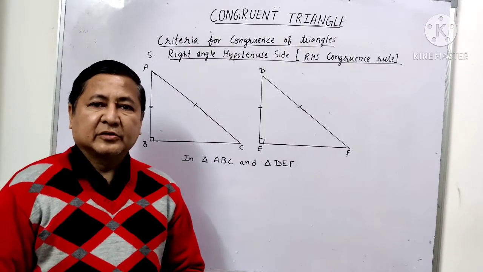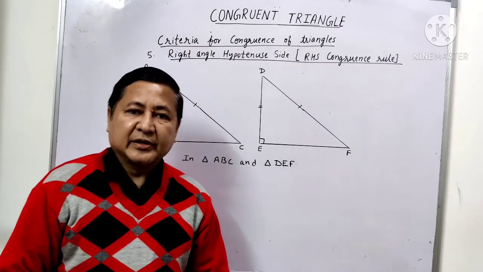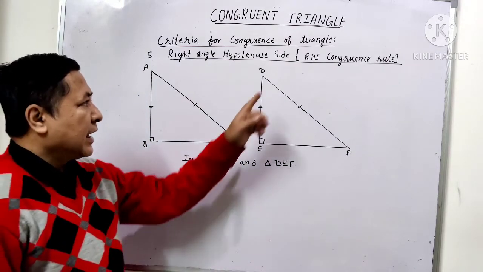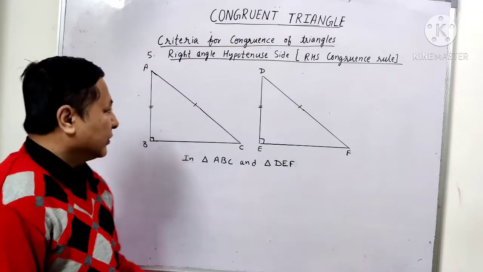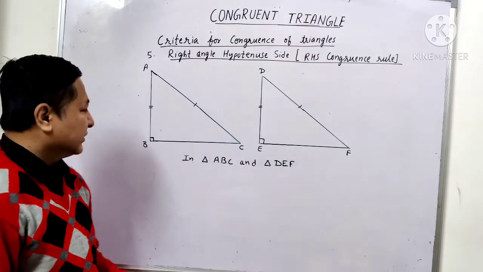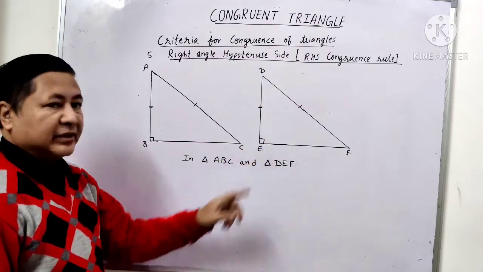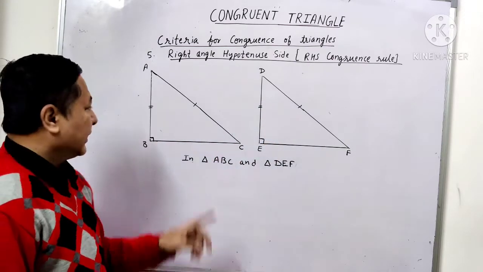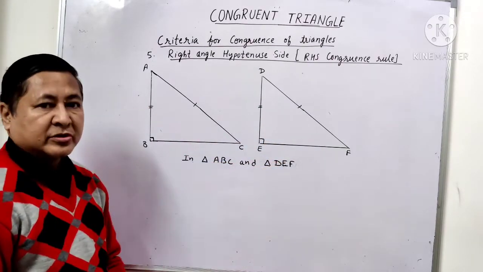Now let us take the fifth criteria, that is right angle hypotenuse side, also denoted by the RHS congruence rule. Now these are two right angle triangles, right angled at B and E, and the hypotenuses are AC and DF, and these are the other two sides.